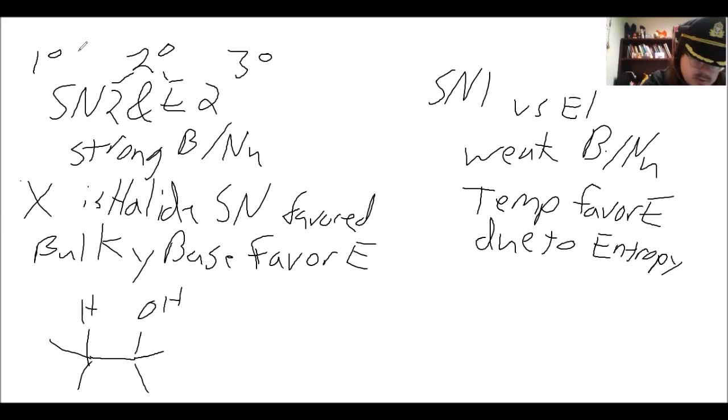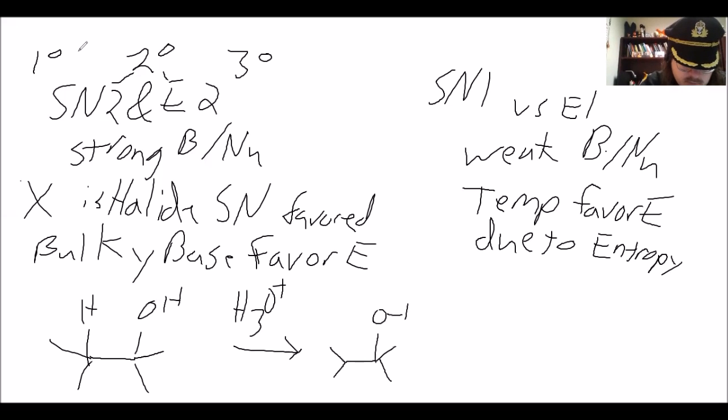We need some acid here, but this is a fast step. We're going to quickly protonate the alcohol, make this a good leaving group. So the lone pair goes. This is our rate determining step because this is E1. So we've lost our water.